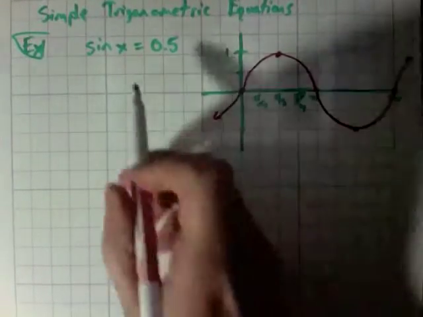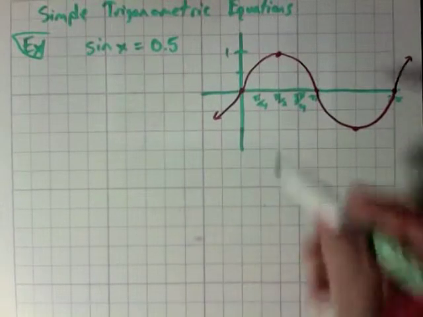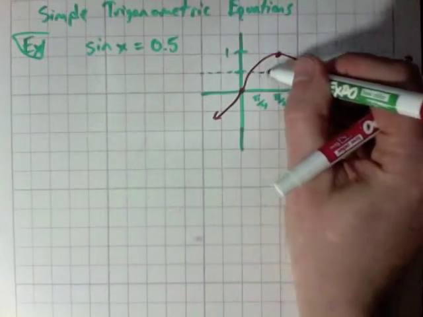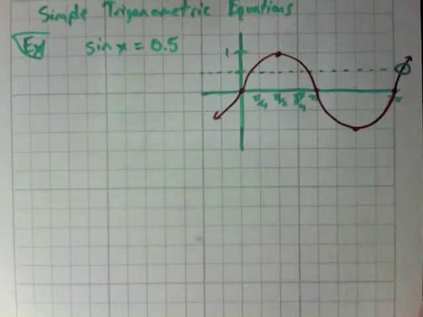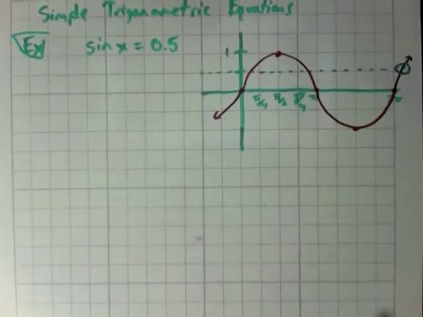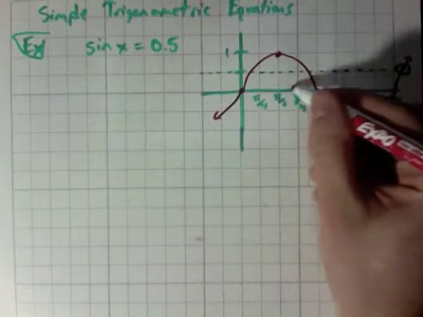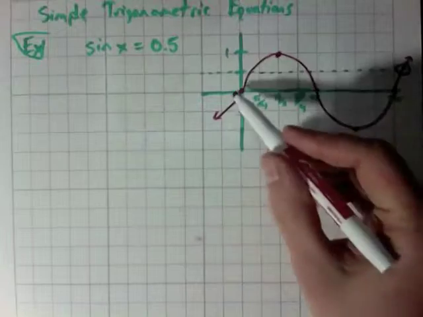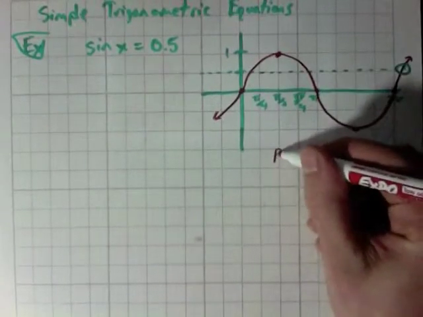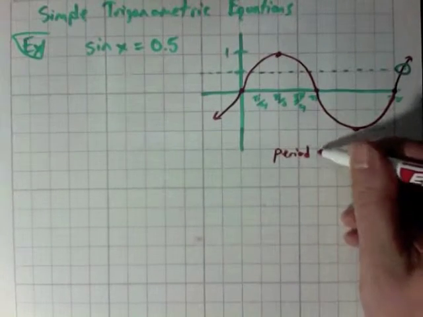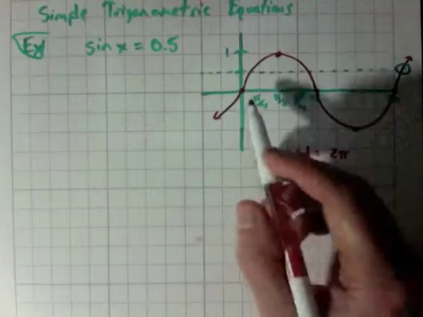So when I ask when sine x is equal to 0.5, there are actually infinitely many solutions. It would hit again over here, and infinitely. But I'm interested in two primary solutions, within one full cycle of sine, which is said to be the period, 2 pi, or 360 degrees.